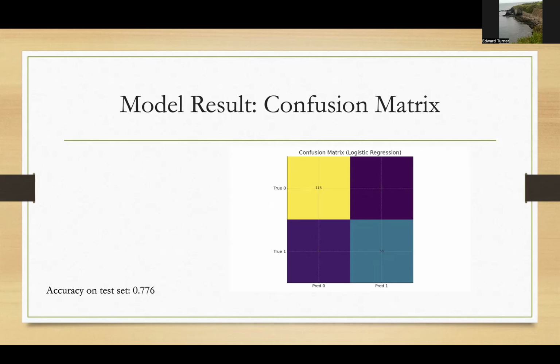And also somewhat similarly, around 22 didn't survive that actually did. And so it gives us an understanding of some of the drawbacks, some of the limitations of this particular model as a whole.